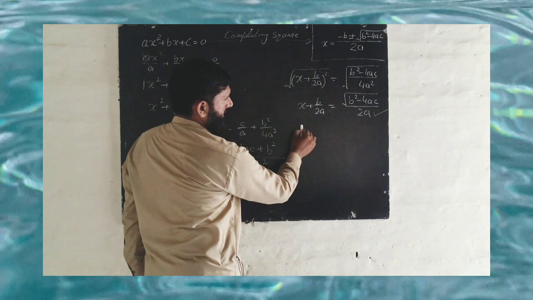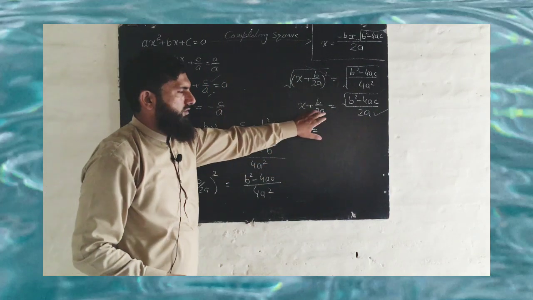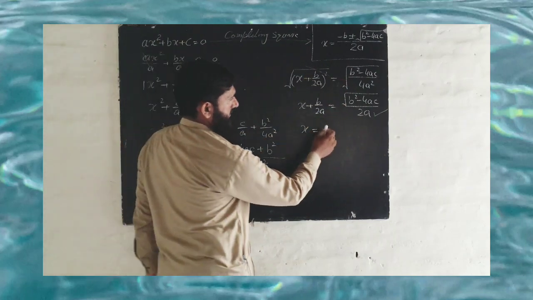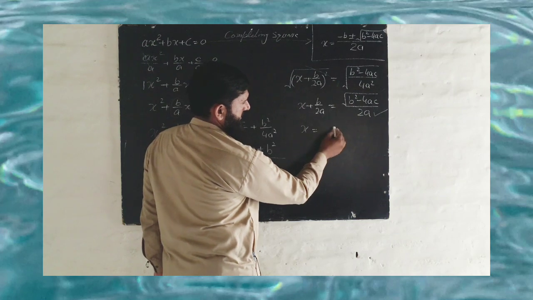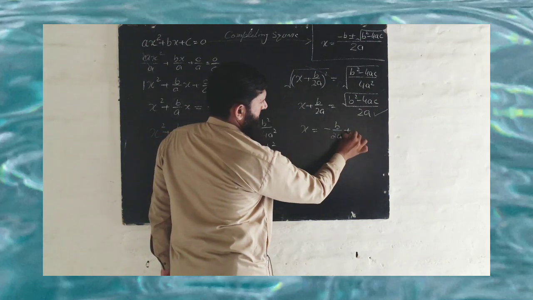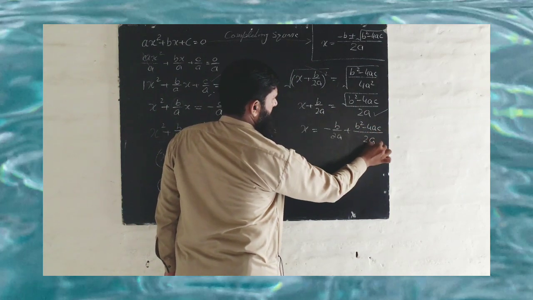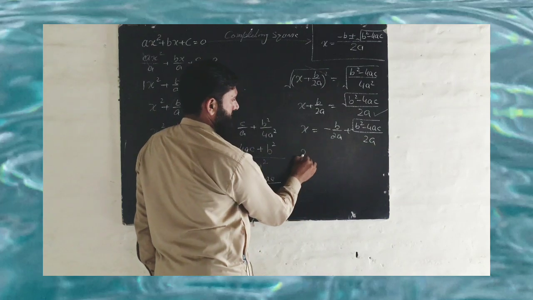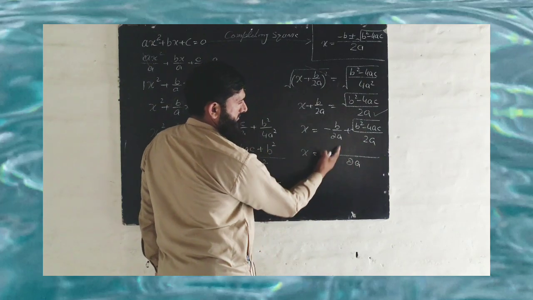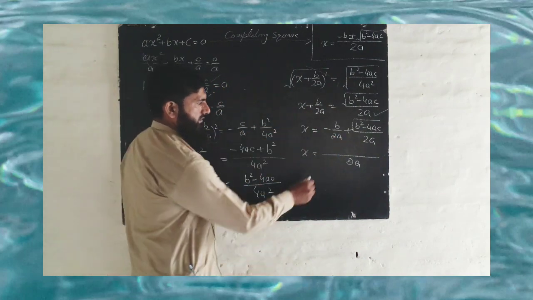And now x is equal to this term, which is with a plus sign on the left side, transformed to the right side, and after shifting this term to the right side, we will get minus b over 2a plus under root of b square minus 4ac over 2a. And we can solve it by taking the LCM. The LCM is 2a. 2a divided by 2a, the answer is 1, and 1 is multiplied by minus b.